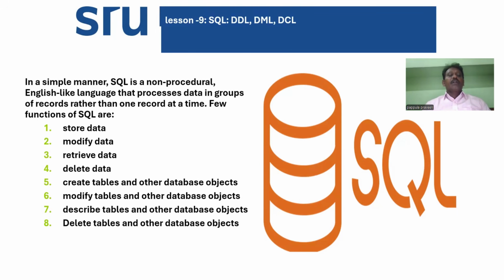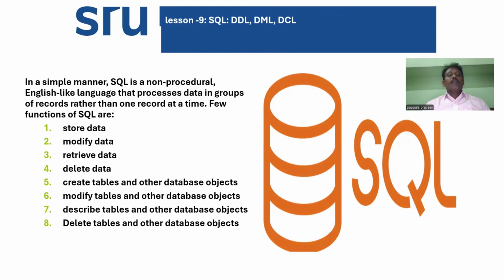And next one is retrieve data. Retrieve means you can access the data by using the select command. Suppose you want to print the details of the employees whose salary is greater than 50,000. You simply write the query using the SQL select command: select star from employee where employee salary is greater than 50,000.